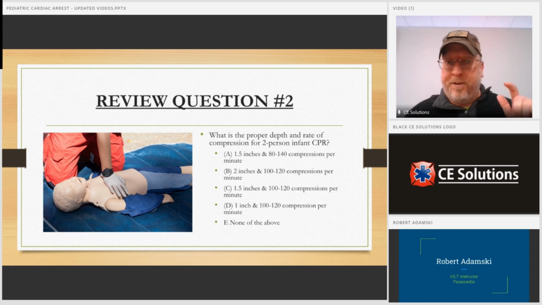Take a look at your 5 options there, A, B, C, D, and E, and try to figure out which one it is. I'll give you a couple seconds there and think about it. So if you're doing chest compressions on an infant, how fast and how deep do you do those compressions for 2-person infant CPR?